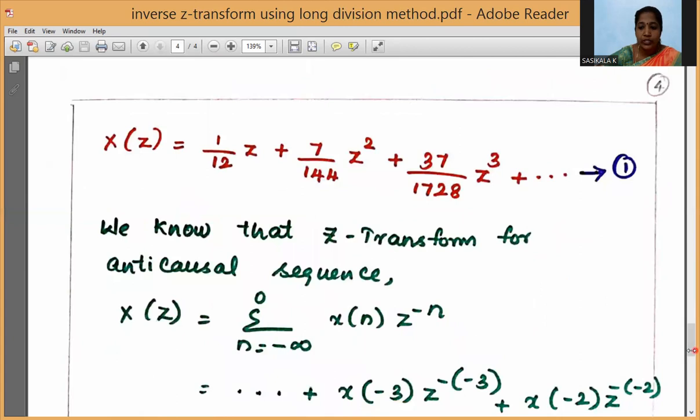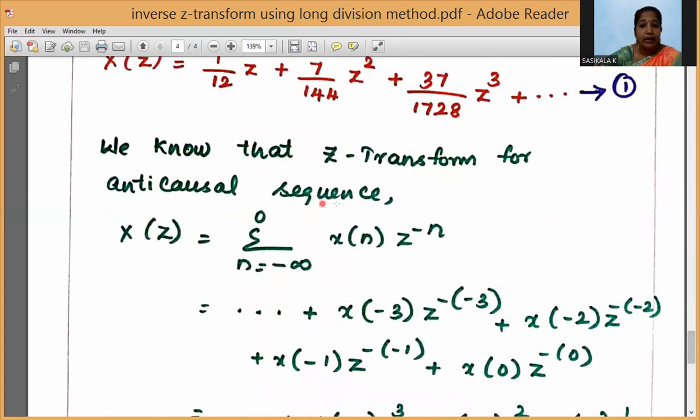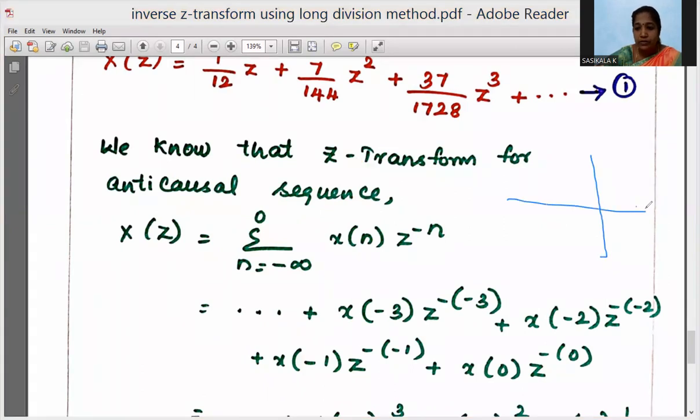So consider this as equation number 1. We know that the anti-causal sequence means it is a negative sequence. So negative sequence means I'll be getting the values on the negative side only. That is, this is n, this is x of n.